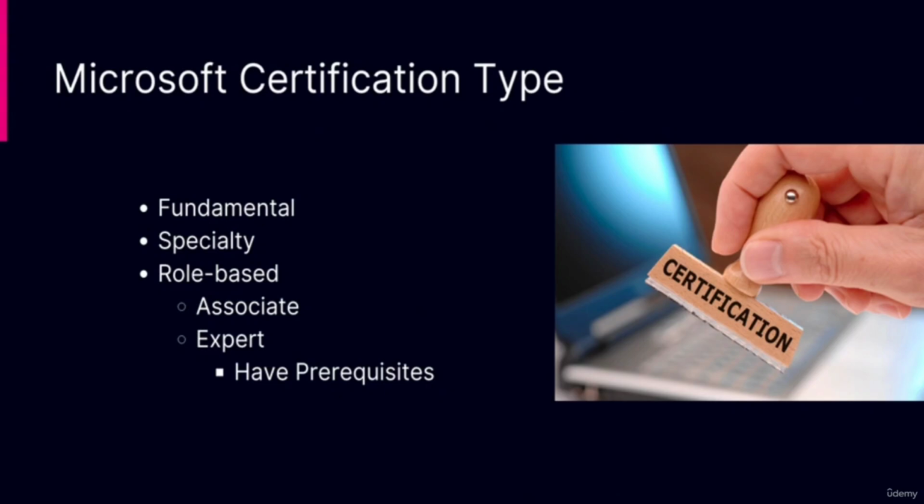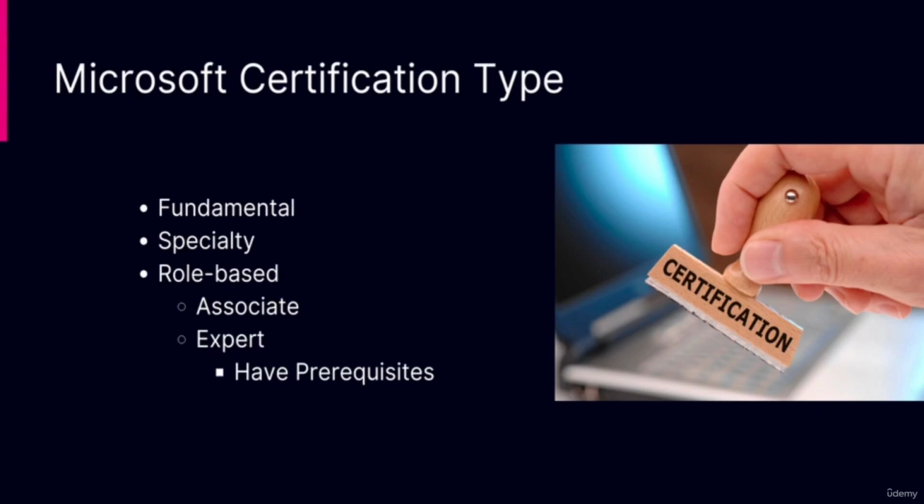Then you have specialty exams, and these are specialized, as the name suggests, for certain roles or certain types of technology. For example, you have a specialty exam for support engineers for Azure Networking. So it is very focused on Azure Network type of activities that a support engineer usually engages in.